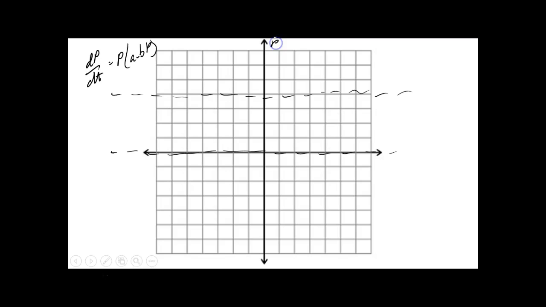This is the p-axis, this is the time axis, the t-axis. And this is p equals a over b. All right. And this is p equals 0. Okay. So we call this R3, R2, and R1.